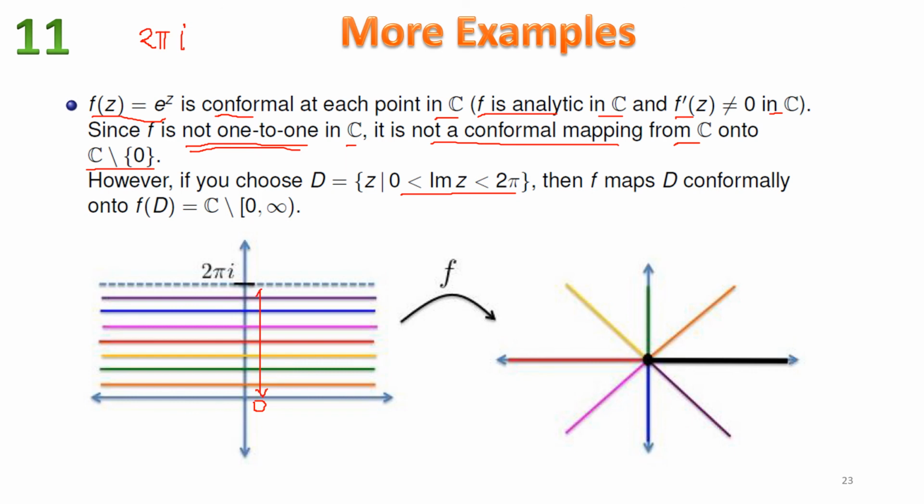And in this region that makes the function conformal, and when you map it onto the domain D, it is the region of the complex plane except the origin and positive real axis, because this is going to map onto the positive real.